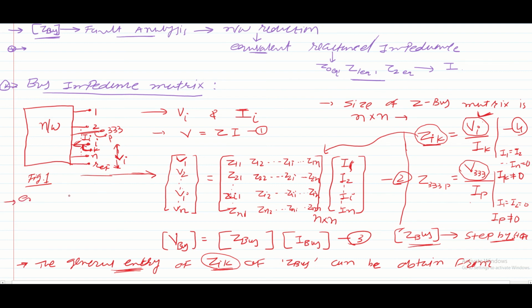A new element is added, that means there are two possibilities: there may be a new transmission line with some impedance, or there may be a new generating station, a new generator, in the system.